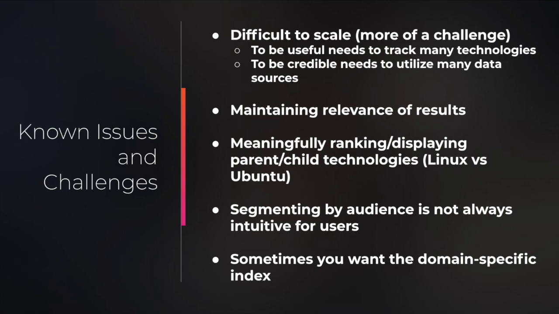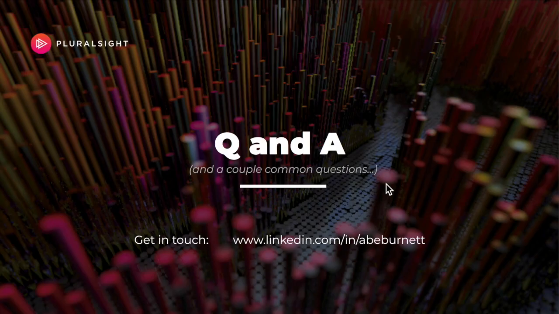Ideally, I would like to see the index where you could slice it into any number of domain-specific indexes, such as cross-platform frameworks, front-end frameworks, back-end frameworks, databases, NoSQL databases. You could look at any specific domain and compare these peers within that domain to each other. Hopefully someday soon we will have a fix for that available, but currently we do not.